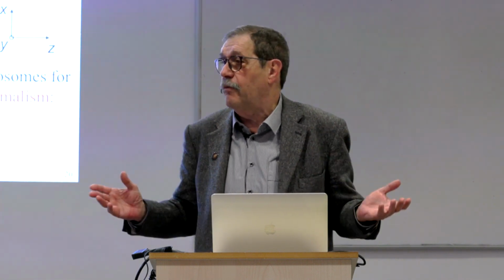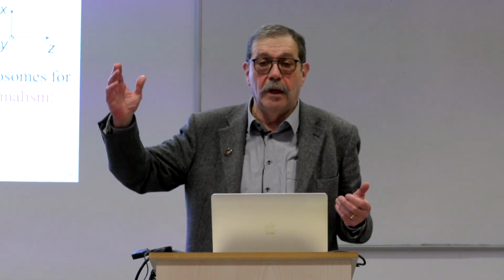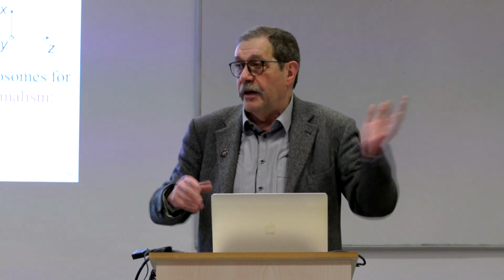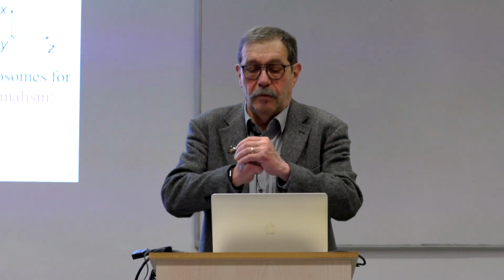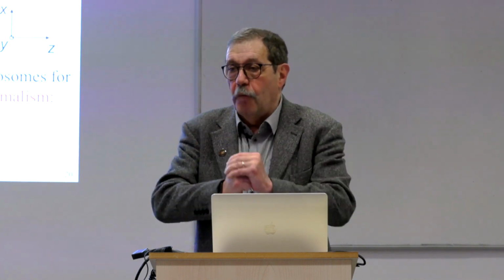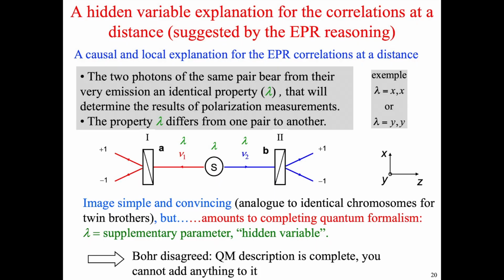They have the same color of the eyes. No surprise, they have the same chromosomes. Maybe one develops a genetic disease, and the other one will develop it. No surprise. So to understand correlation by a joint property from the production of the two particles is very natural. One may think that it is a good way to understand quantum mechanics.